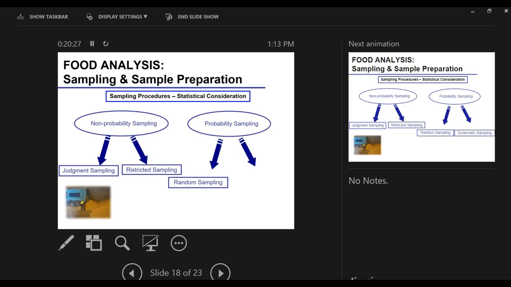So how do you select these 12 cans? By random sampling. You get a random table of numbers, you number your cans, and then you select randomly, close your eyes and pick a number, 12 different samples, 12 different numbers. So that would be a randomly selected set of samples to be analyzed.